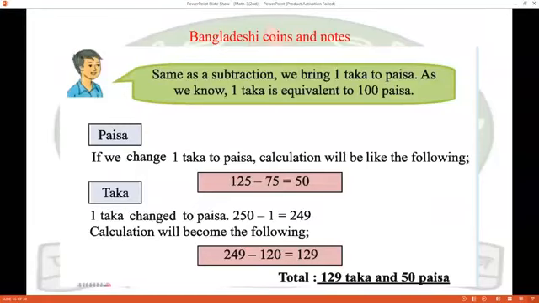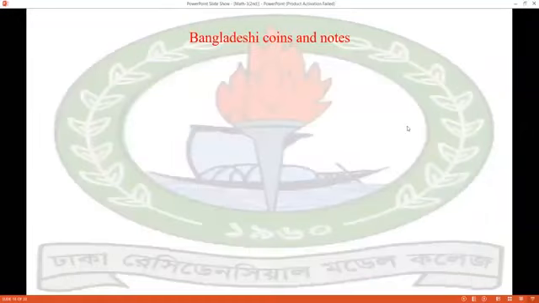Then you will add it up, or you will subtract from the 250. This is a different way, but the result will be the same. Any way you can solve it. So still the result will be 129 taka and 50 paisa.